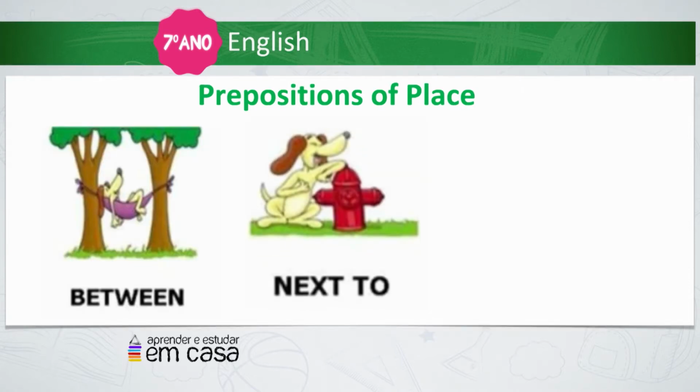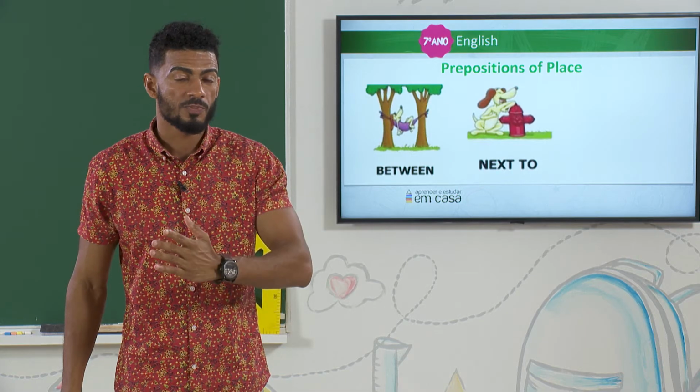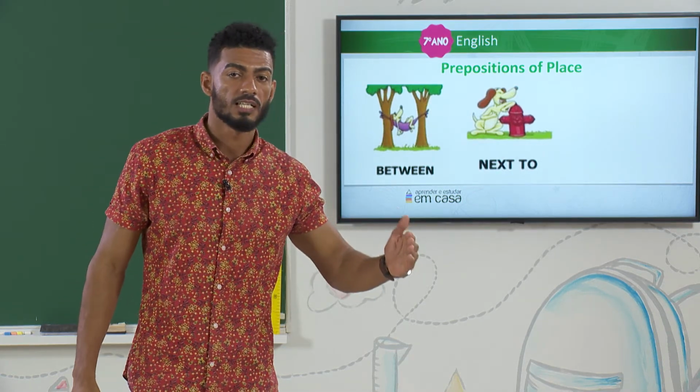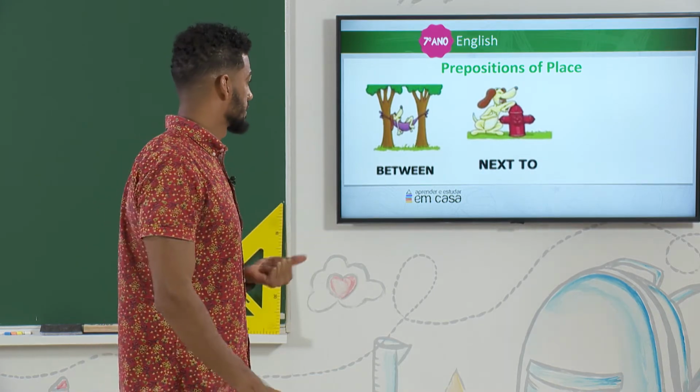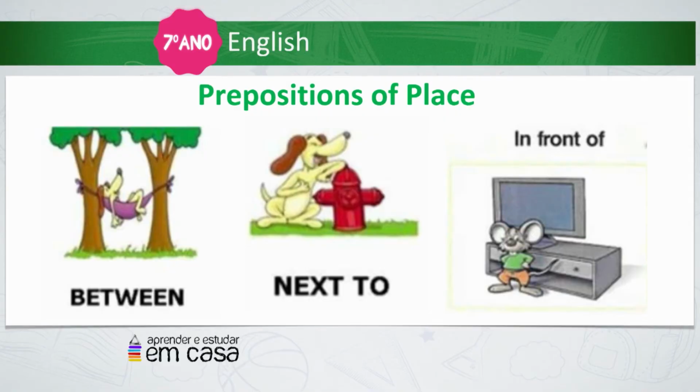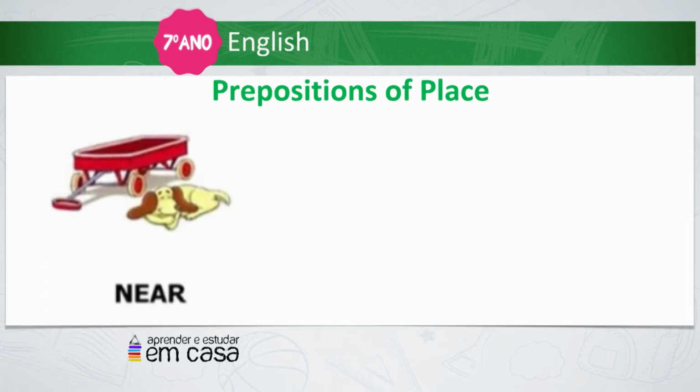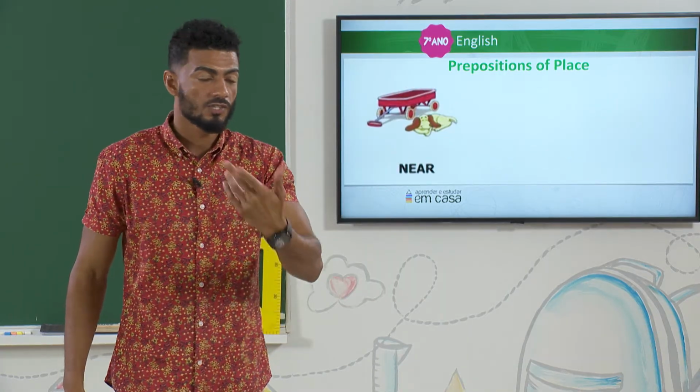Then we have next to. For example, you can say the hospital is next to the park. Next, in front of. You can say the bank is in front of the bus station. Then we have near. For example, you can say I'm near the school.